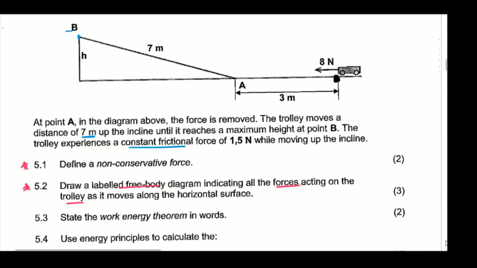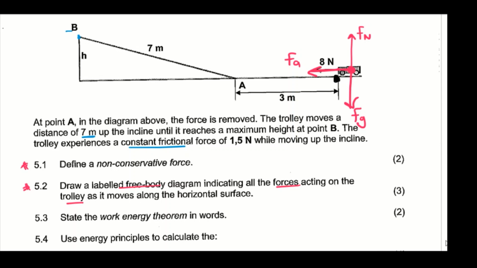It's going to look like this. The trolley is just stationary, right? It has a force of gravity, a normal force, and a force applied like this. So the free body diagram will look like this, right?